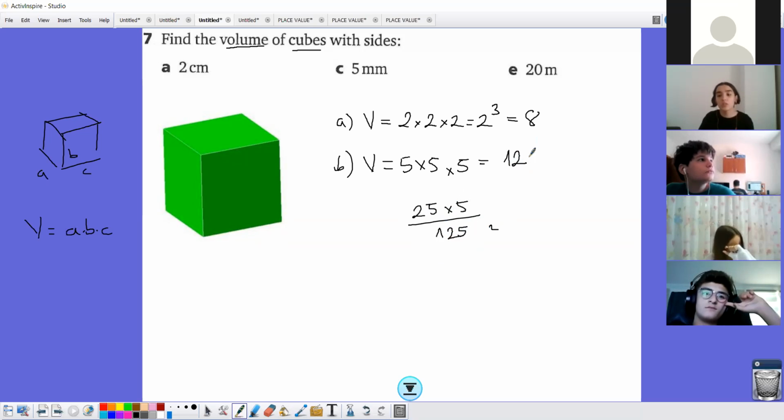So we have 125. Do we have to write centimeter? First one is centimeter cube, it will be. Second one will be millimeter cube.